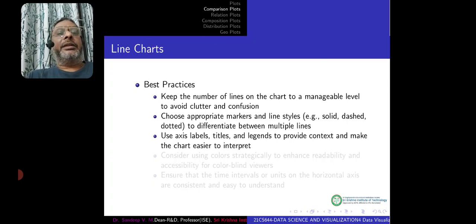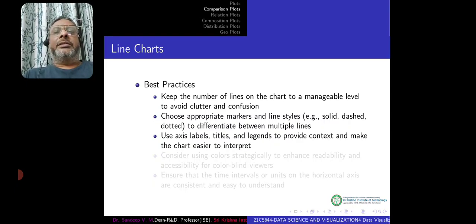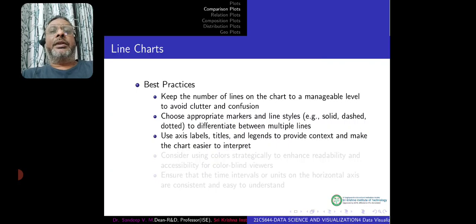So all that legend has to be properly made available so that anyone watching this particular line chart will have a better insight, easier to understand what information we are trying to convey.